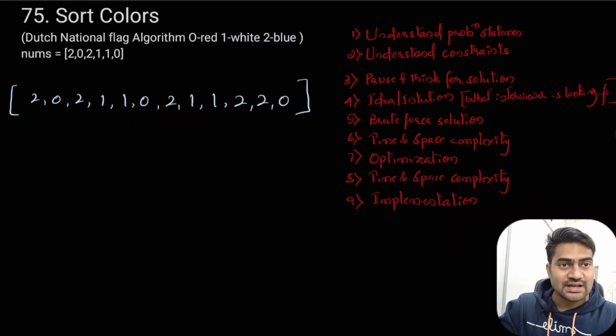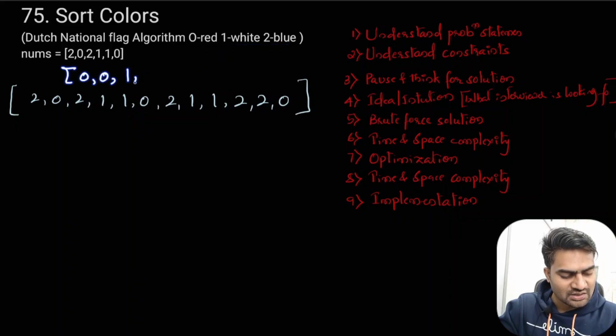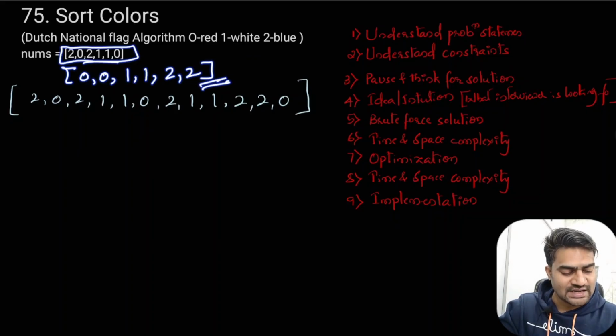So they want us to sort these colors in the given order. So it should be 0, 0, 1, 1, 2, 2 for this particular array. If we sort it, we will get this particular array. That is what they are expecting us to do here.